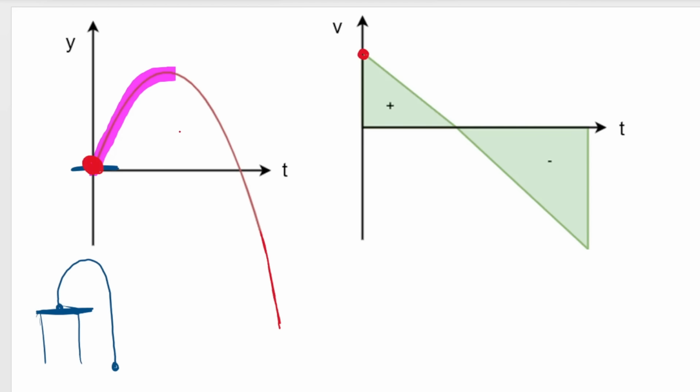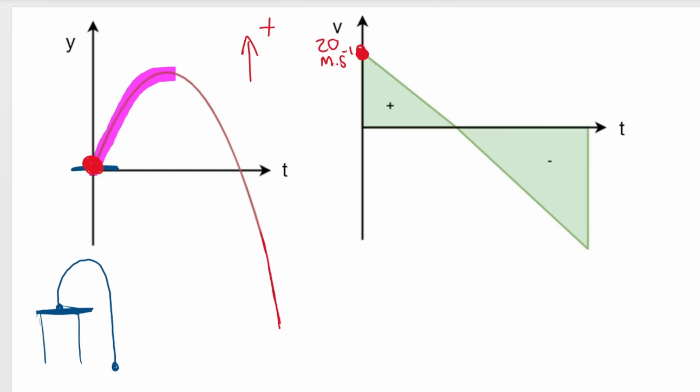So this corresponds to this. Okay, so let's say the velocity is 20 meters per second. You're throwing it upwards. That's why up is positive. Okay, cool. Then as it's traveling upwards, the speed is decreasing, which is why this line is going downwards.